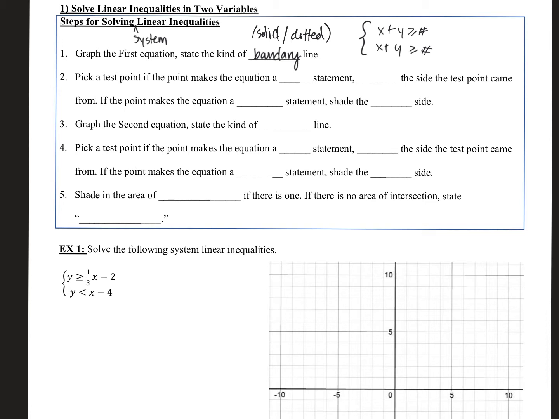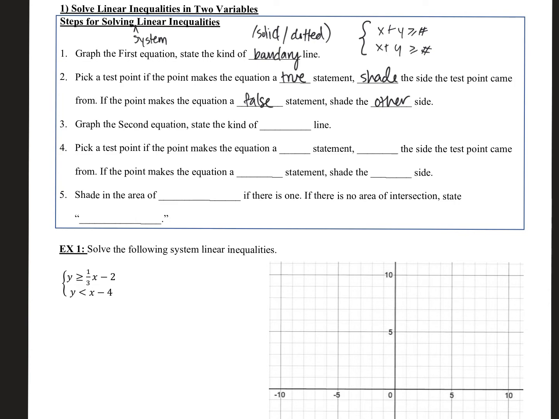Then you're going to pick a test point. If the point makes the equation a true statement, then you're going to shade the side of the test point where that came from. Okay, this is a little abstract right now, but don't worry, we'll get there. And if the point makes the equation a false statement, shade the other side.